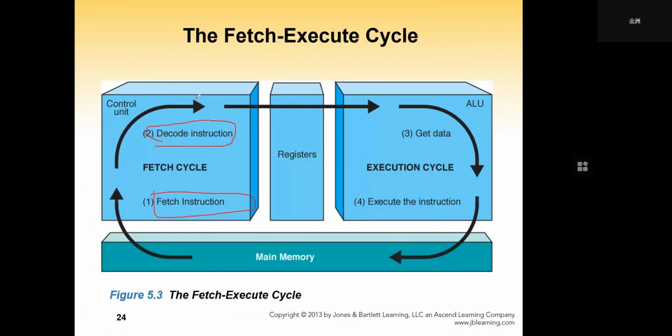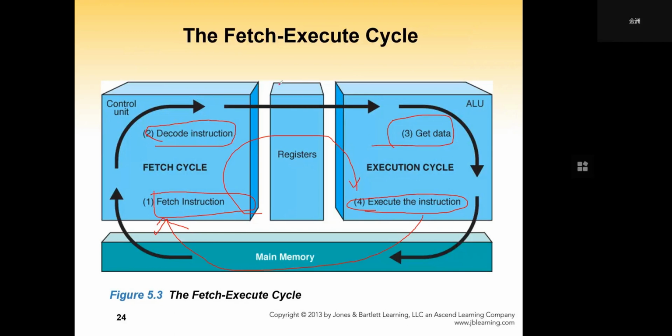And then we get the data if we have some operand in memory. If the addressing mode is not immediate addressing mode, then we need to get some data from the memory, and then we execute the instruction, and we use the program counter to fetch the next instruction, and it's a cycle.